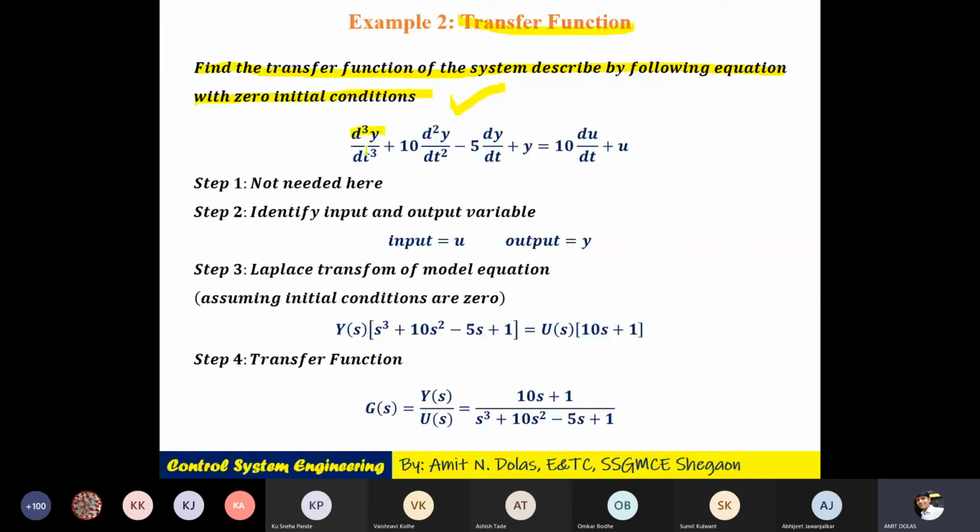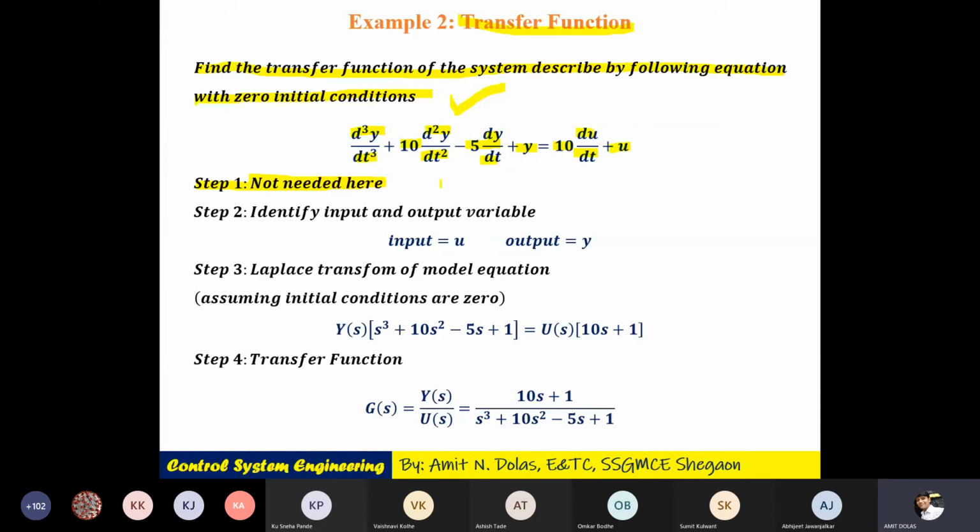So you can see d cube y by dt cube plus 10 d square y by dt square minus 5 dy by dt plus y will be equal to 10 du by dt plus u. So step 1, जरूरत नहीं है, no need of step 1, because already we have model equation of certain system. Whatever may be the system, it may be electrical, mechanical, or anything.